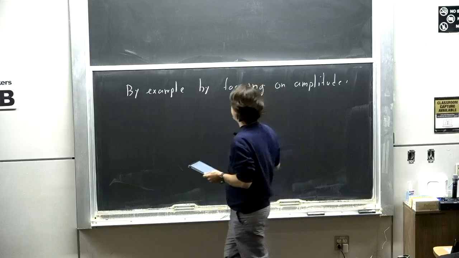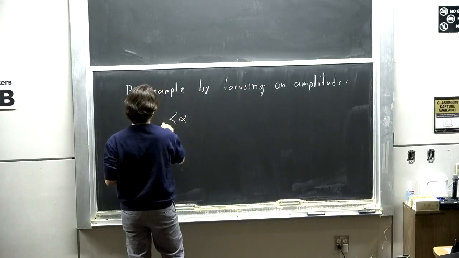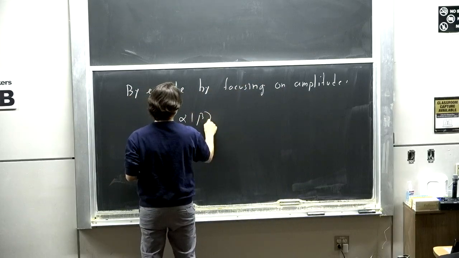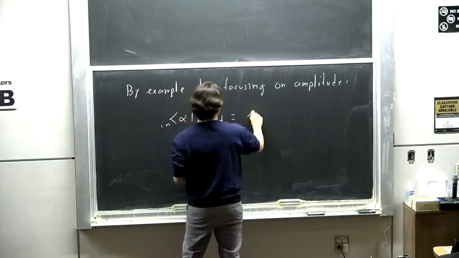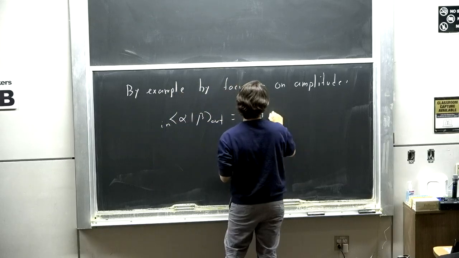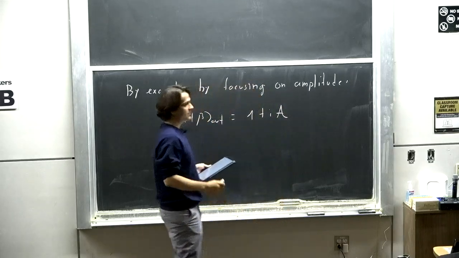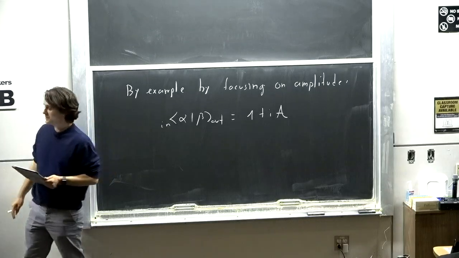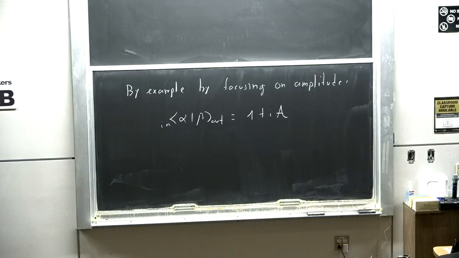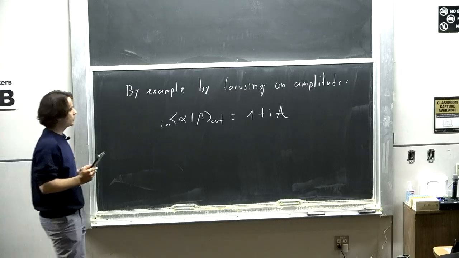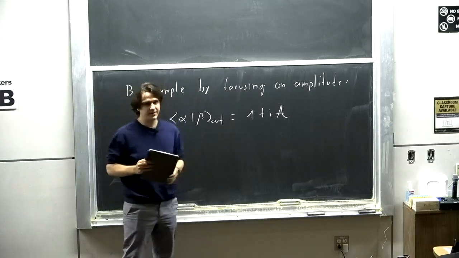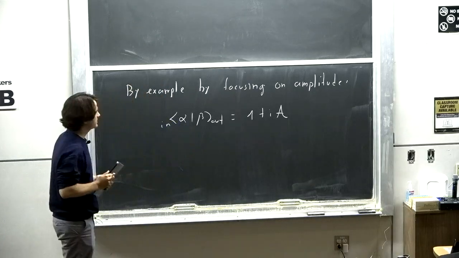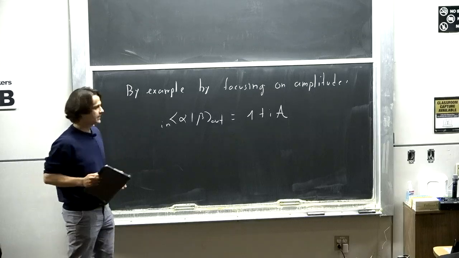So what is a scattering amplitude? We have some process, in to out. This is 1 plus some quantity, A, which is our scattering amplitude. EFT is perhaps a bit more general, because EFTs work for theories like conformal field theories or phase transitions, critical systems, statistical mechanics.